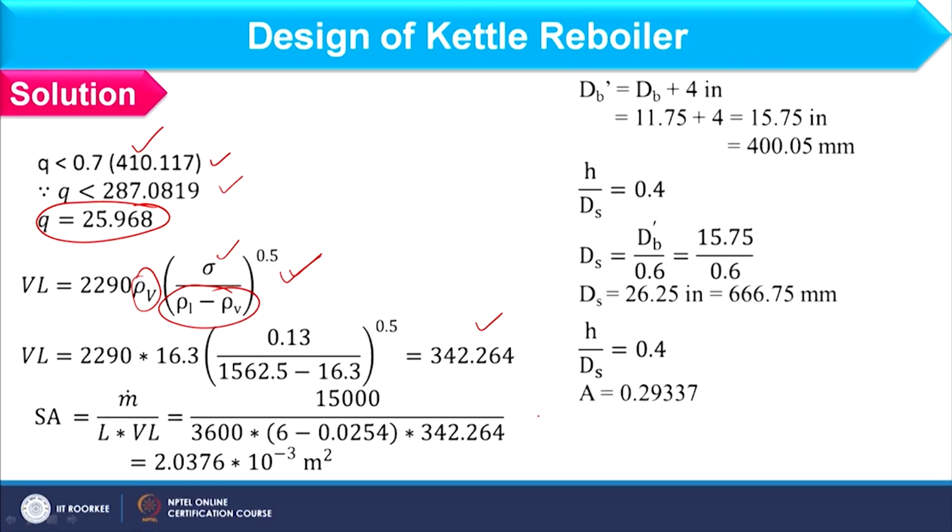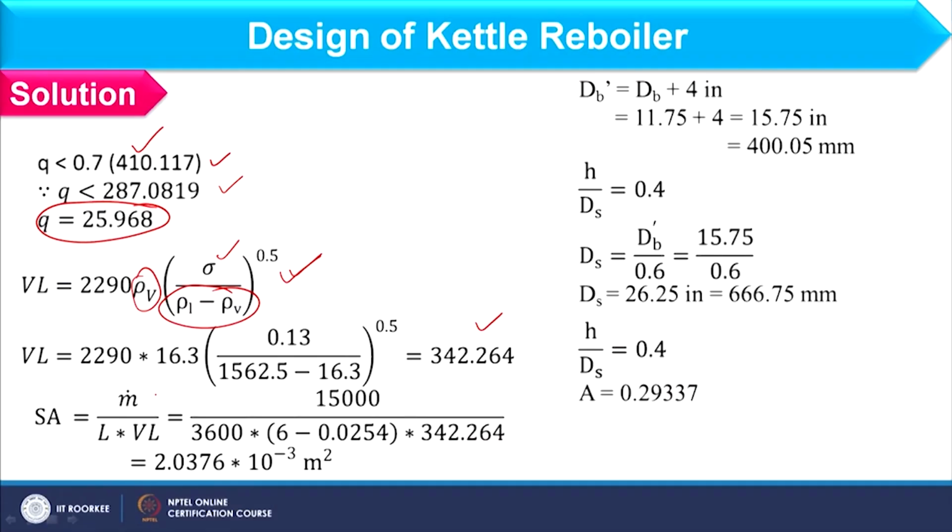Okay. Now, once I have the VL value, we can find the segment area as m dot by L into VL, right. So, m dot you know already, that is 15,000 kg per hour of chlorine vapor we are generating. So, that should be converted into per second also, and here L is basically L effective, right. And you should also keep in mind that L is basically the length of the tube bundle. Okay.